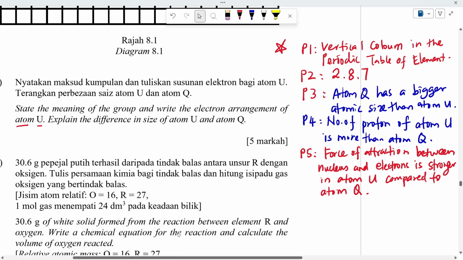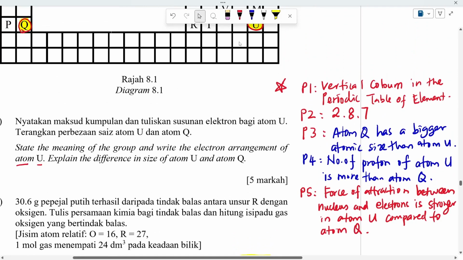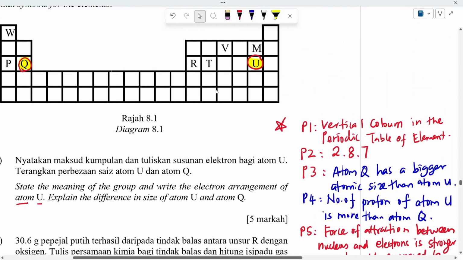Now, next question. 30.6 gram of white solid forms from the reaction between element R and element oxygen. So class, let's see, where is R? R is here, right?